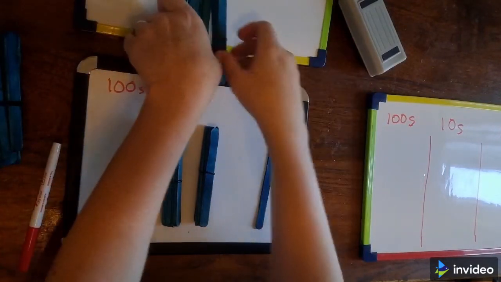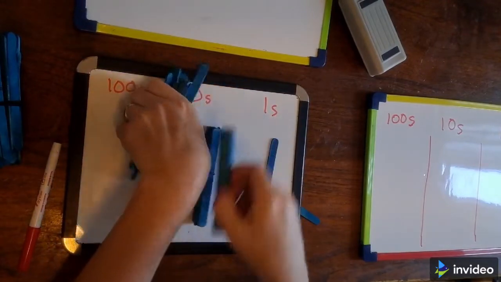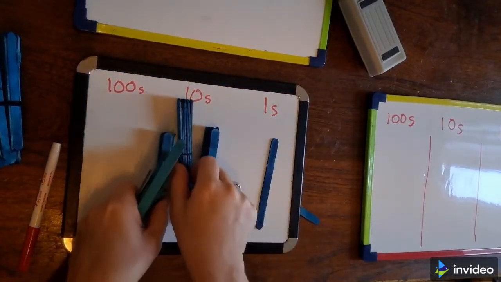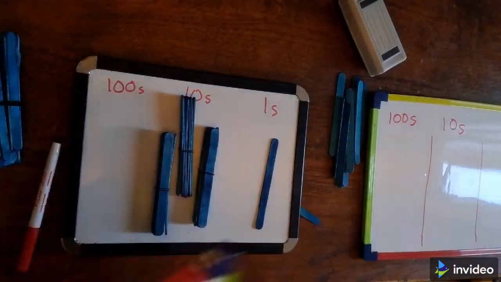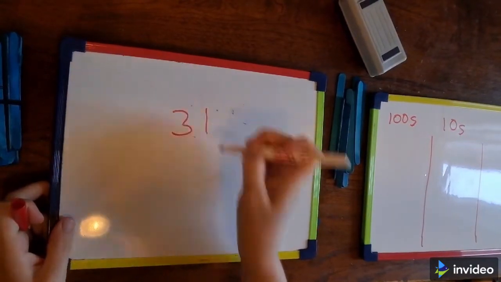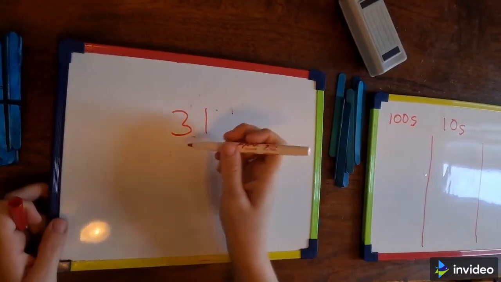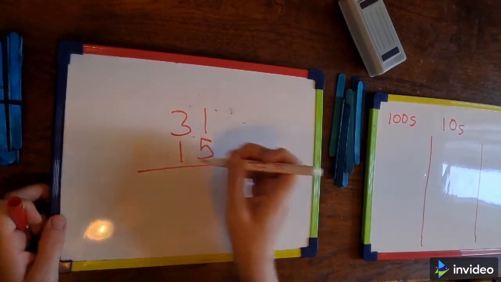When it comes to subtraction, let's start with 31 minus 15. So 15, and I'm going to minus.